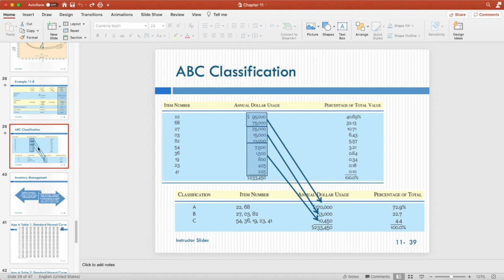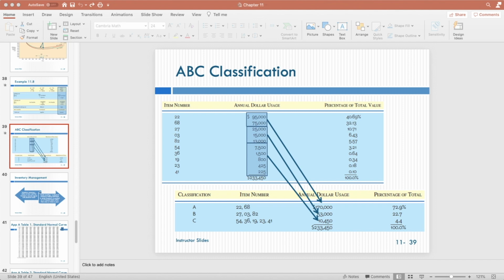So I do require every one of you to look at the different qualitative methods. Let's say for ABC classification, it's also frequently used by management. In many different firms, they may not produce just one product; they may produce many different types of products. Although those products have some interrelationship, right?